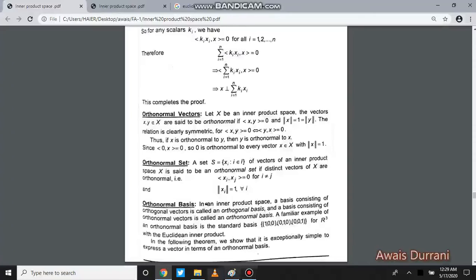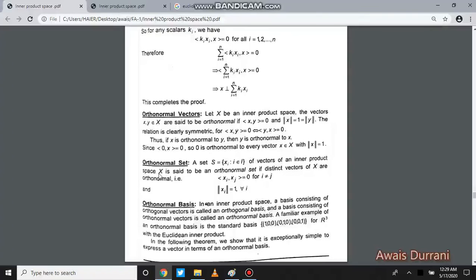For example, we have an inner product space X and a set of elements, for example S. Then we say that this S is a basis to the inner product space X if and only if every element of X can be written in the form of a linear combination of the elements of this set. Or in other words, if this set spans the inner product space X, then we say that this S acts as a basis for the inner product space X. This is how we define a basis.